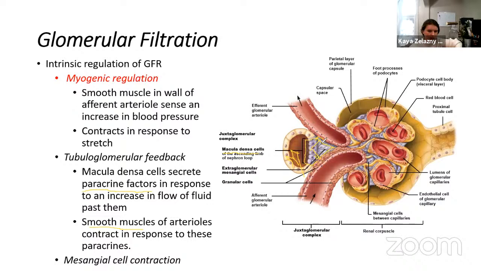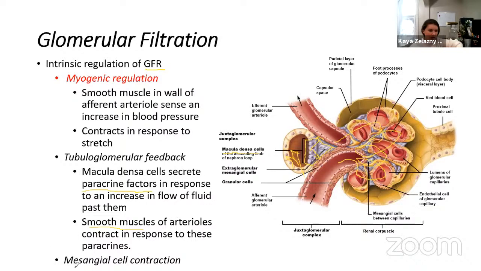As they constrict, they raise resistance of the arterioles, both coming in and going out. That overall slows down the blood going through the glomerular capillaries, so it makes it seem like the blood pressure in those capillaries is lower. That slows down and decreases our glomerular filtration rate.